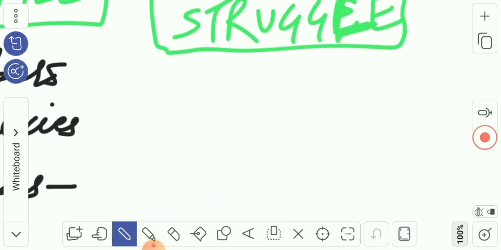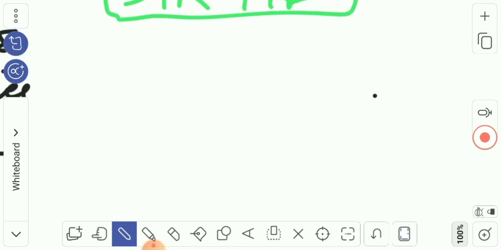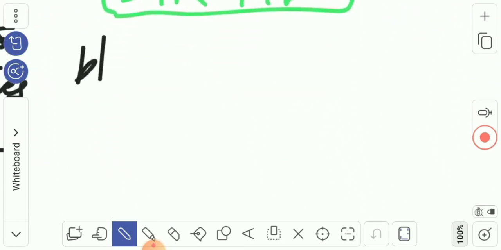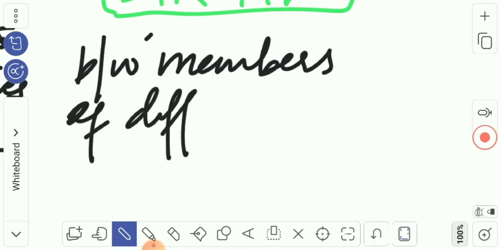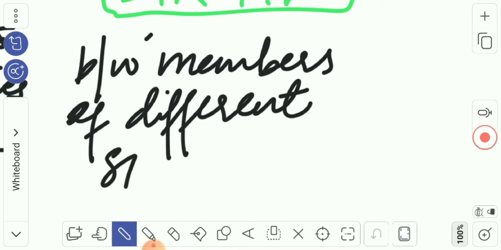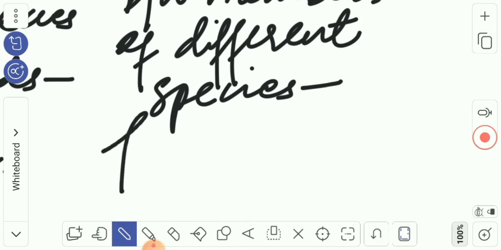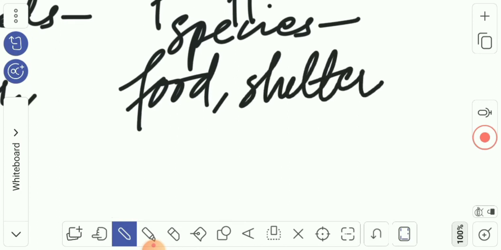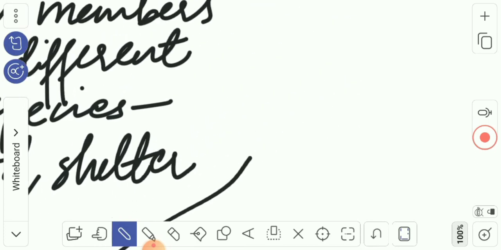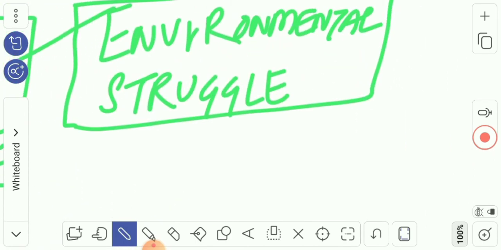Now, interspecific struggle. Okay, in interspecific struggle, this is first of all between members of different species for food, for shelter, okay, and the third is, sorry, environmental struggle.